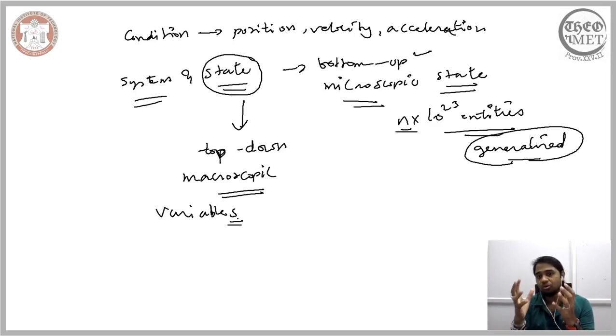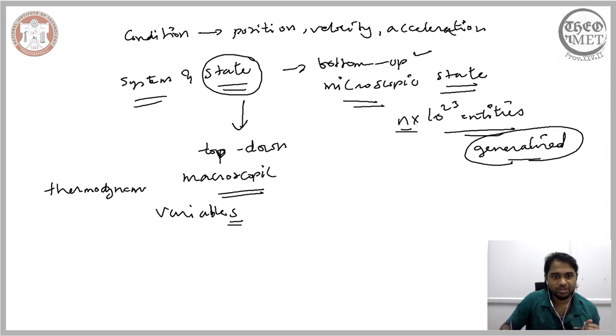We need not know the 10 to the power 23 terms in order to define the state. By identifying specific variables, we are able to fix the state of the system, and using these variables alone, we can describe it. These variables are what we refer to as the thermodynamic variables.